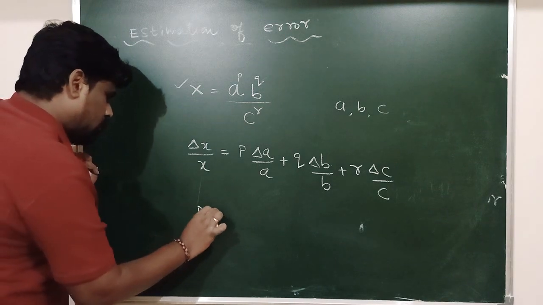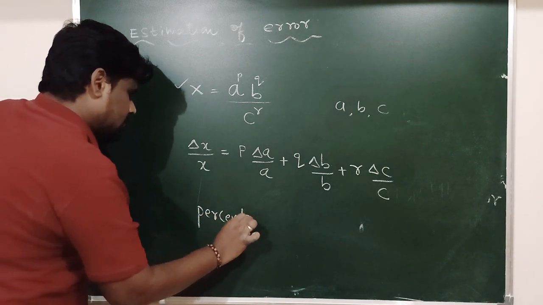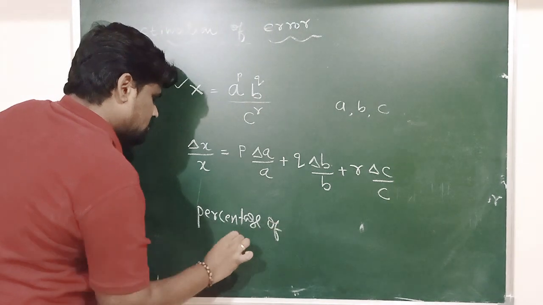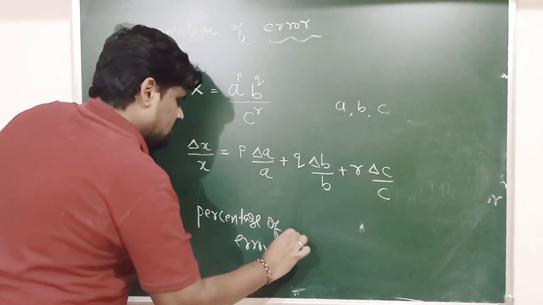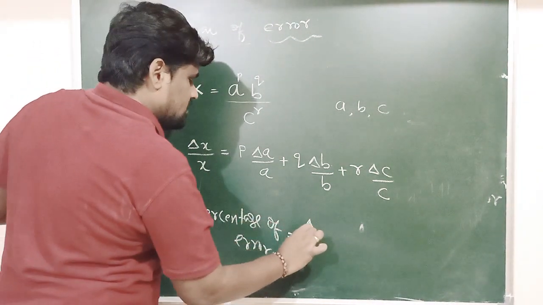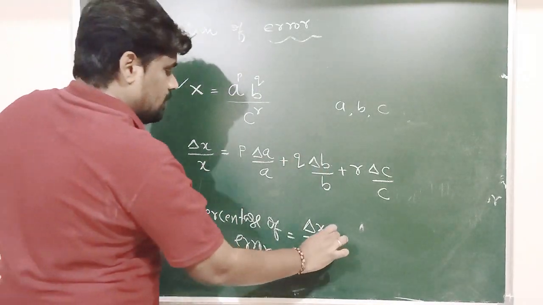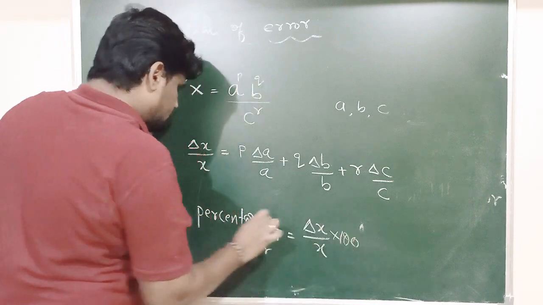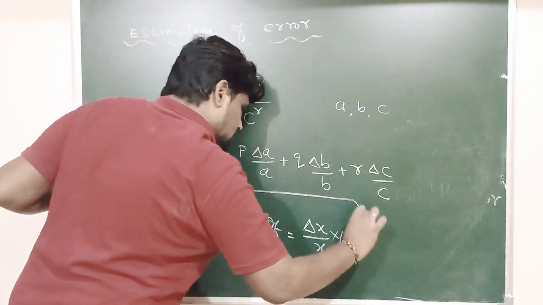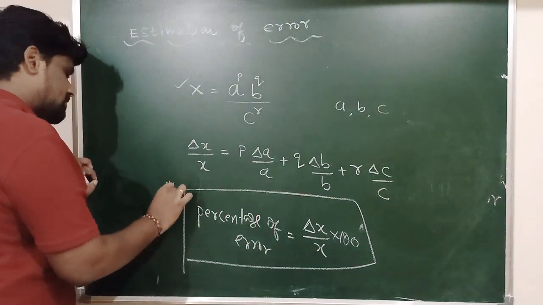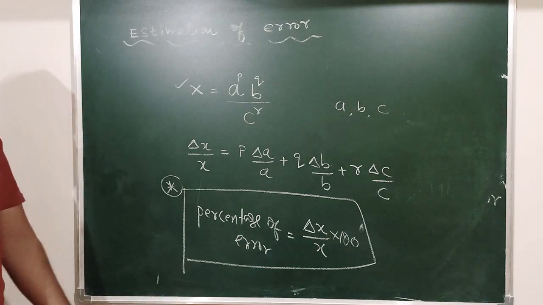How do you calculate the percentage of error? If you want to know the percentage of error, it is equal to the relative error, which is delta x by x, multiplied by 100%. So this is how you estimate the error in the measurement.